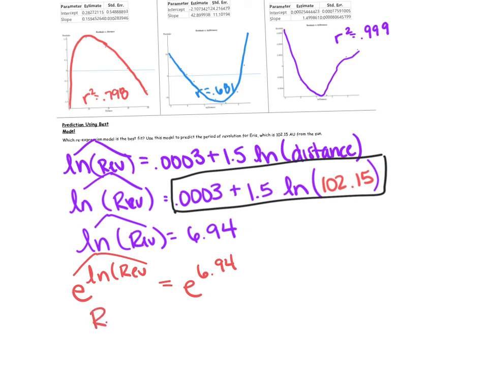The revolutions are equal to 1,302.8 Earth years. And this answer should agree more with what we're actually working with now. Because if you go back and look at our table from previously, this one is considerably further. The distance from the sun is considerably further than any other distance that we've dealt with.